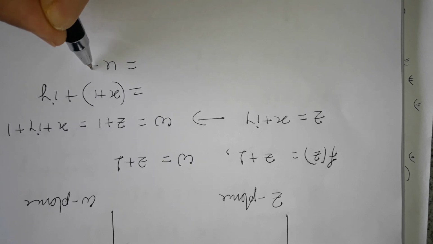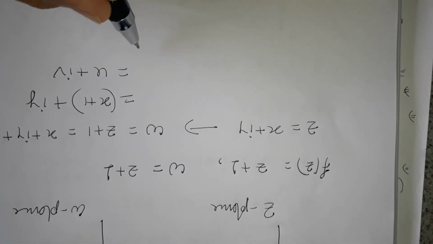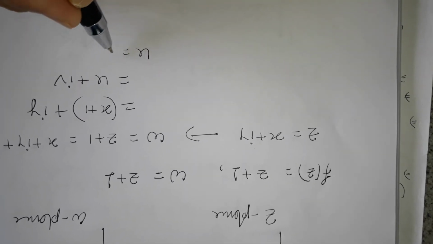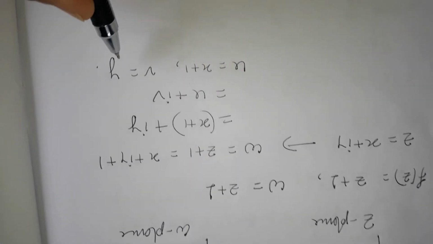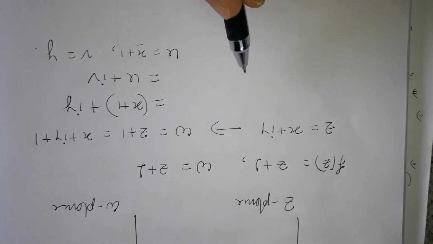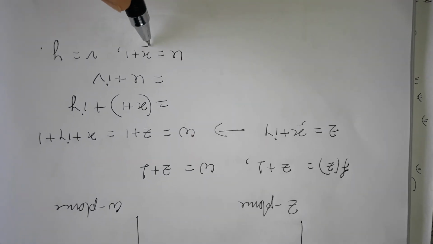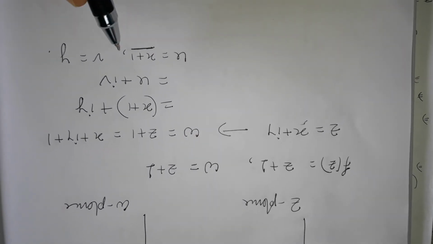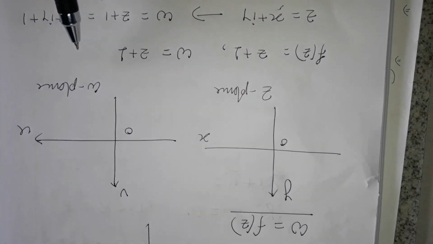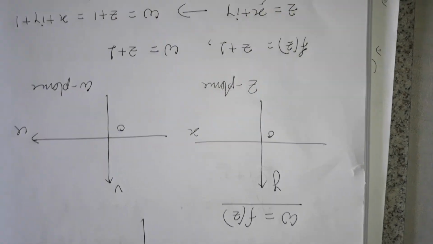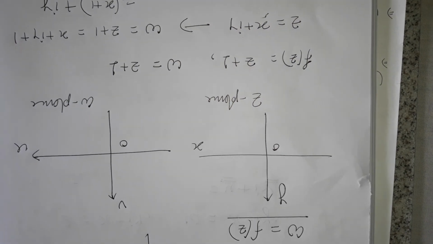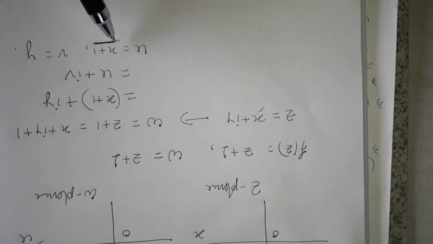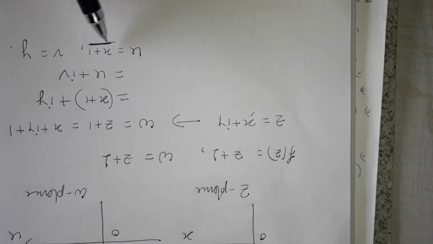So this is your u plus iv. Okay, so you see that u is actually x plus 1 and v equal to y. Okay, y doesn't change, but our original x changes to x plus 1 in the w plane. Okay, so therefore this is a translation of one unit in the real axis. Okay, originally it was x, and now it is x plus 1.